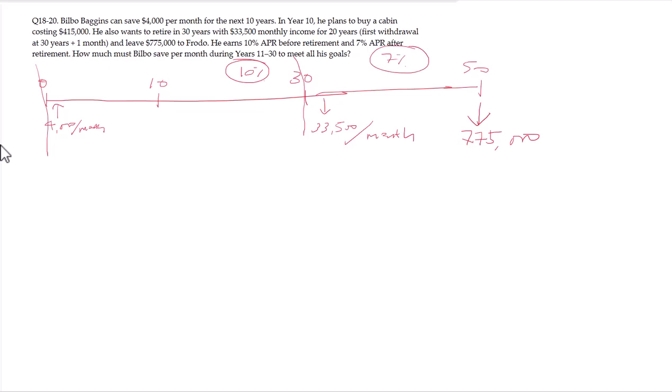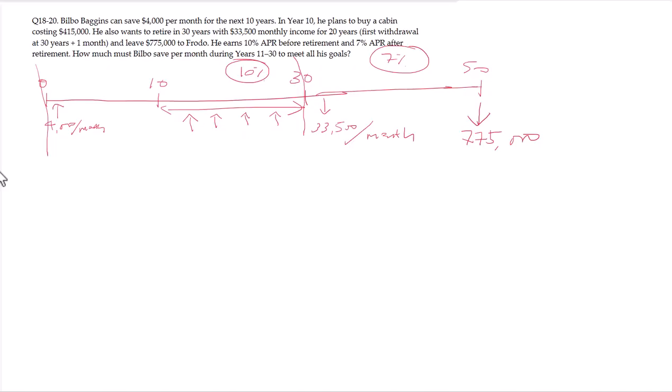And the question is about this middle period. Per month, how much does Bilbo need to save or deposit every month so that he could achieve this goal of withdrawing 33.5 thousand every month and leaving 775,000 for Frodo near year 50?